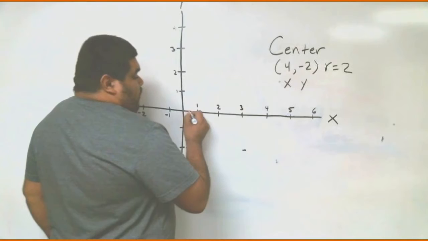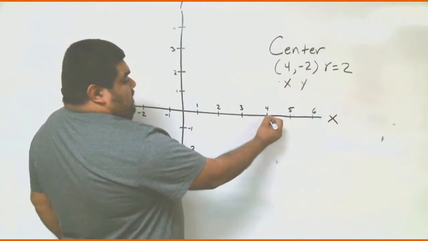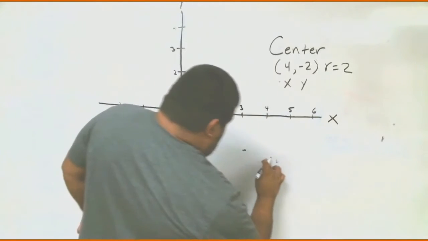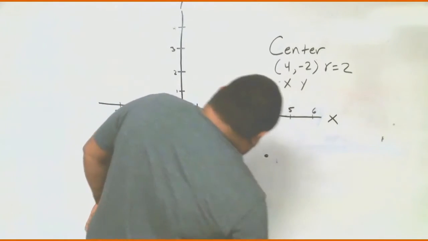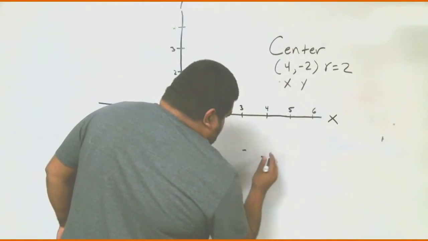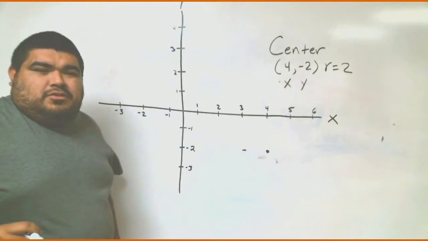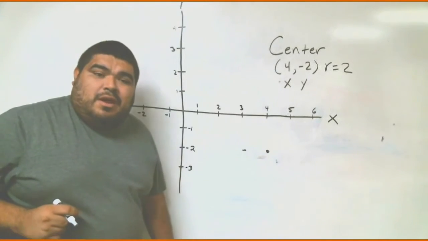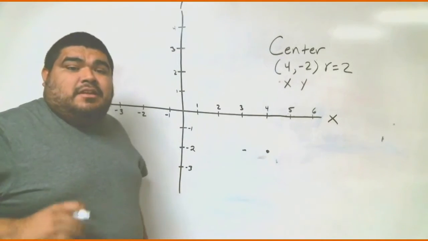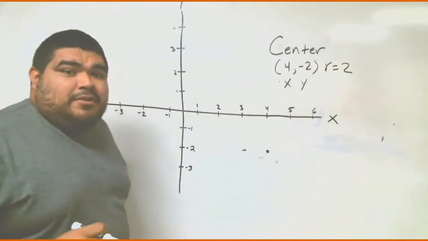So we're going to go 4 on the x, right? Because it's 4. And then -2, which is about there. Might be a little off. Go a little more probably on top. So we have a -2 on the y and then 4 on the x. That's our center of origin, okay?